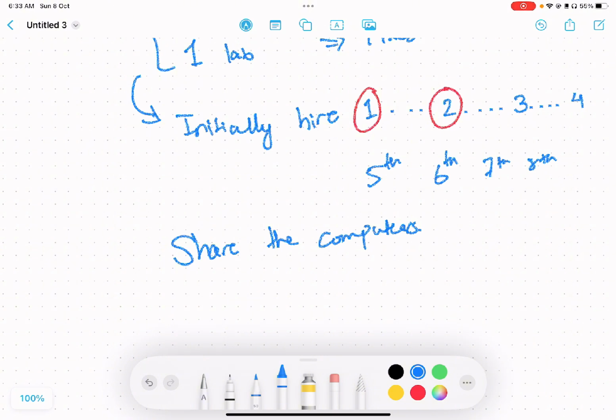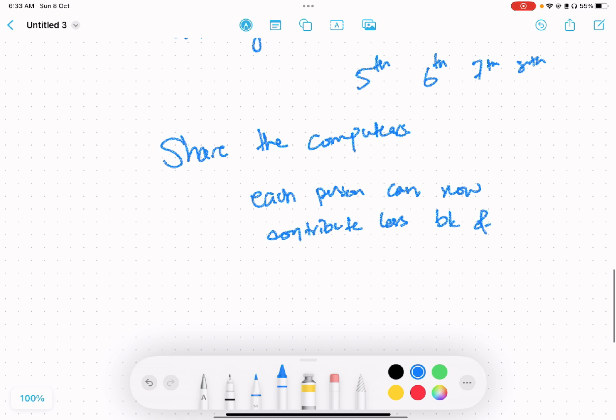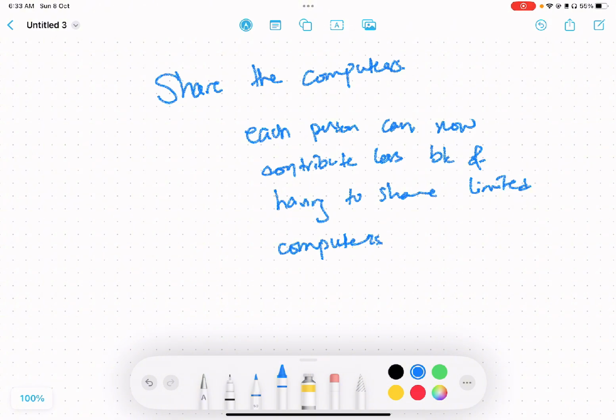Because they have to use this limited amount of capital among themselves, each person's productivity actually falls. So each person can now contribute less because of having to share the limited, fixed computers.